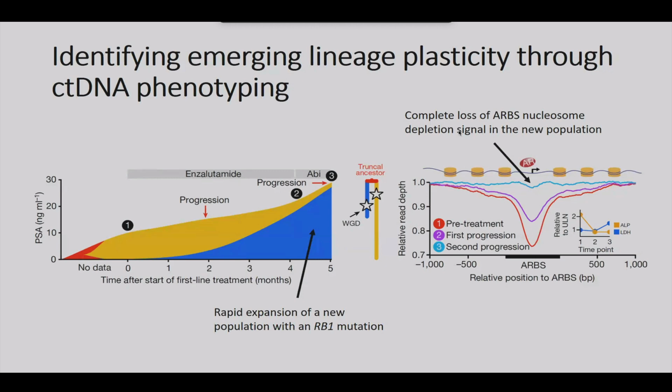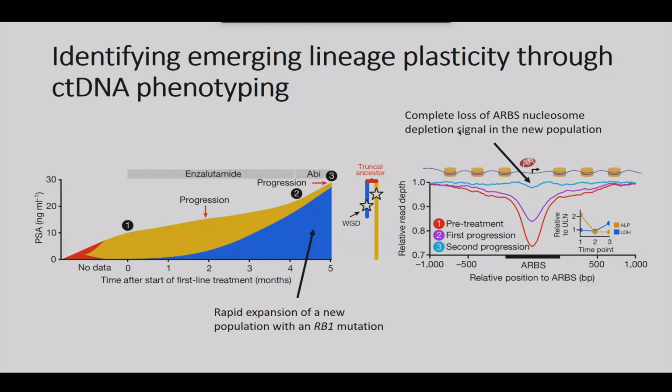But at second progression, the blue line indicated by the black arrow, we see almost no evidence of AR binding across the genome. And this is just over the course of 5 months. So what we were probably seeing was the emergence of an AR-negative population, and this patient was subsequently biopsied and found to have neuroendocrine prostate cancer.